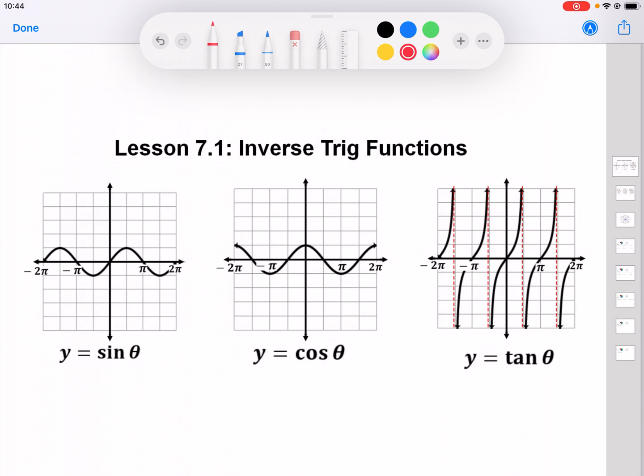For that reason, we restrict it so that we get a segment that covers every single possible sine value while still giving us a one-to-one function. If you look at this range right here, I'm going to highlight it. Notice that we have every value from -1 to +1, and none of the values repeat themselves.